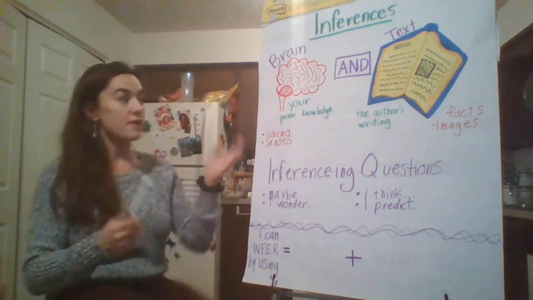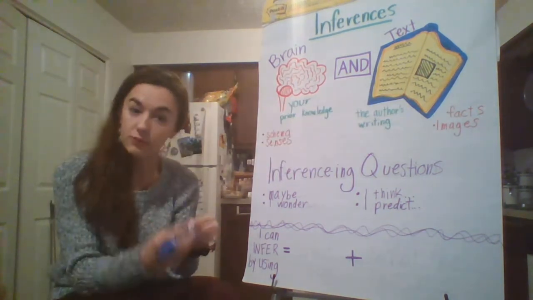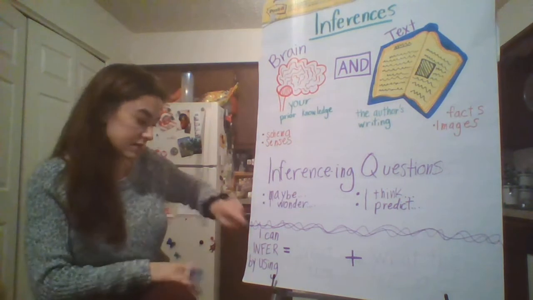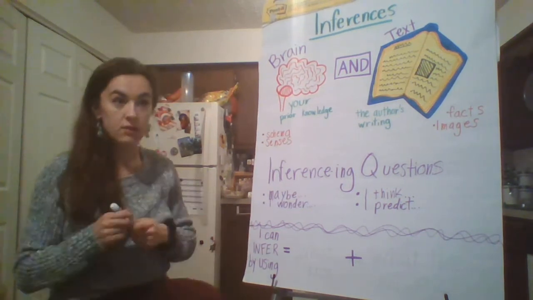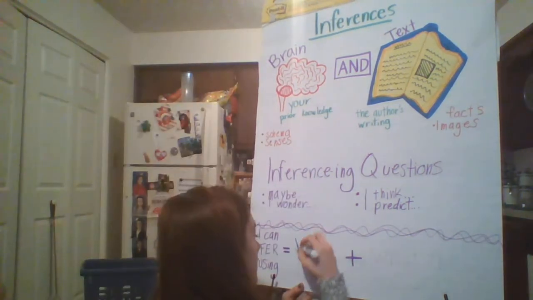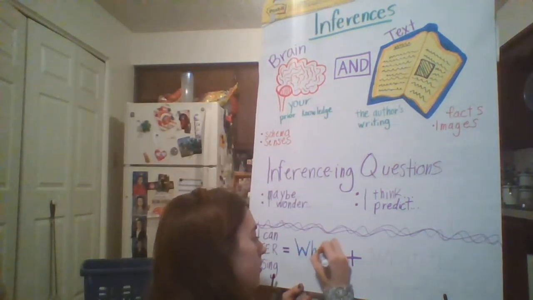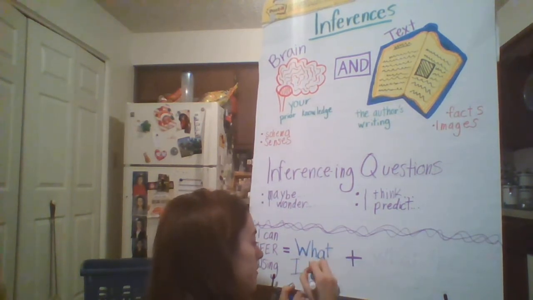So now that we know we have our brain and our text, and we need that to make the inferences about it. So down here I can infer by using, that's right, with our brain. So I can infer by using what I already know. And what else do I need? I need the text.